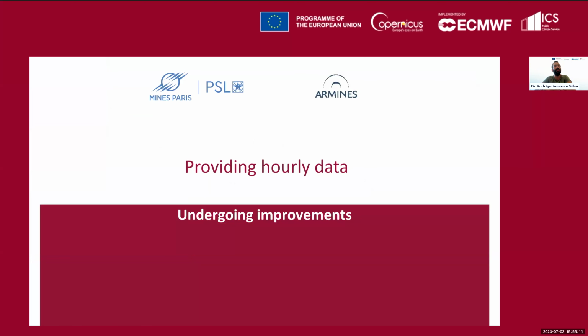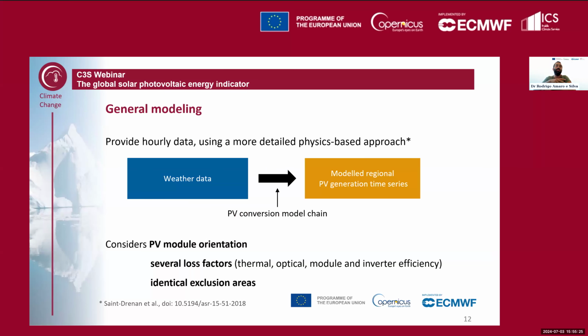And in terms of improvements, the first thing that's important to highlight is that, as I said before, the first version of this data will be monthly, but we're already working on improving it to hourly data. This will be done by using a similar modeling workflow, but using instead a more detailed physics-based approach that we developed ourselves.